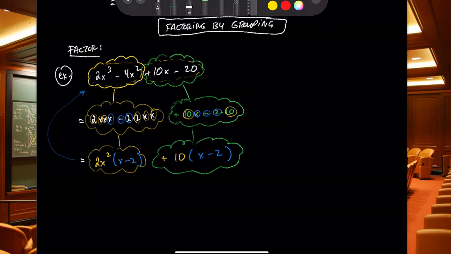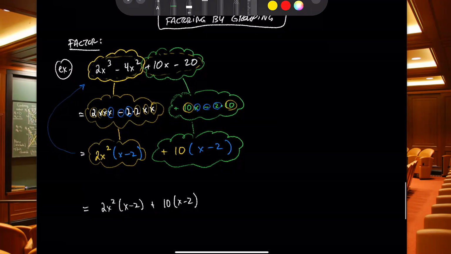And now that we're here, we can drop the thought bubbles of considering them separately, because it really is one expression. So this is 2x squared times x minus 2 plus 10 times x minus 2. You might look at this and say, man, this doesn't seem much better, but it really is.